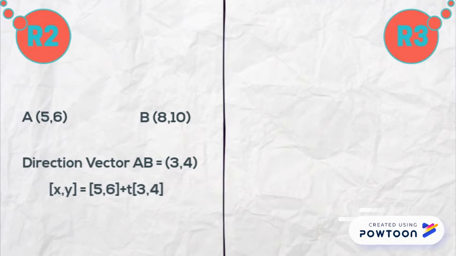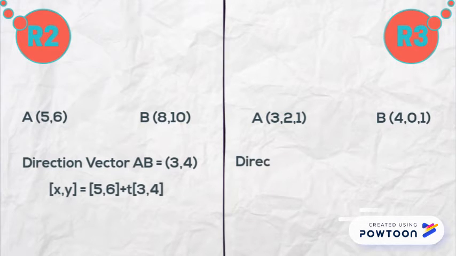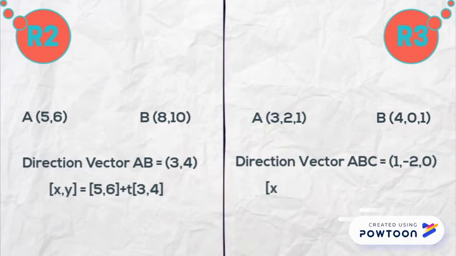The same process works in R3 as well, with points A (3, 2, 1) and B (4, 0, 1). Find the direction vector first and we get the answer (x, y, z) equals (3, 2, 1) plus t multiplied by (1, -2, 0).